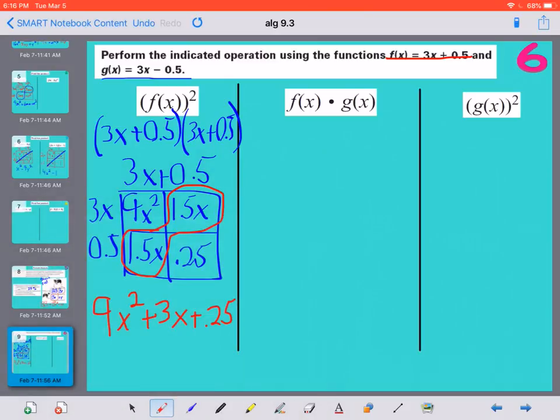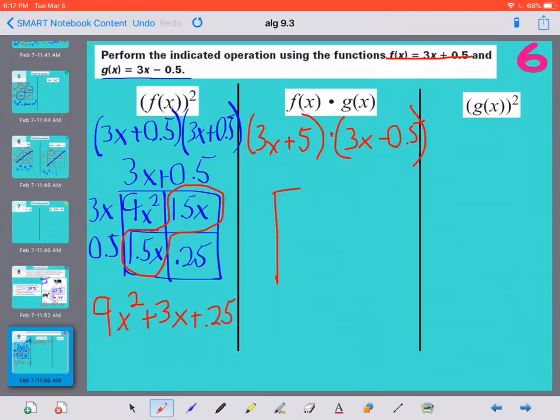This one is saying f of x times g of x. So f of x is 3x plus 0.5, times g of x, and g of x is 3x minus 0.5.